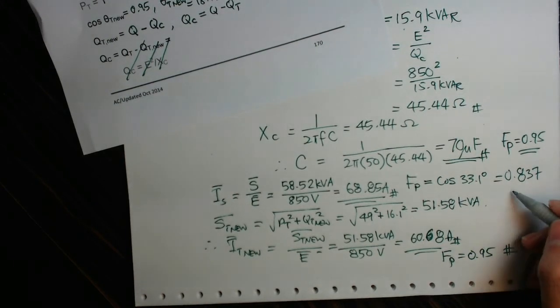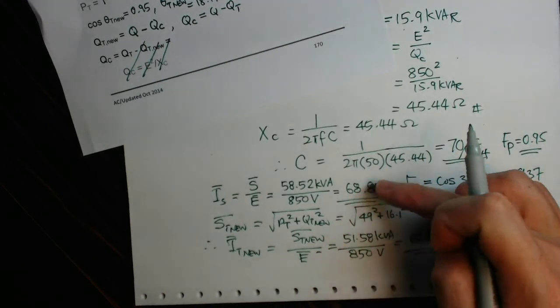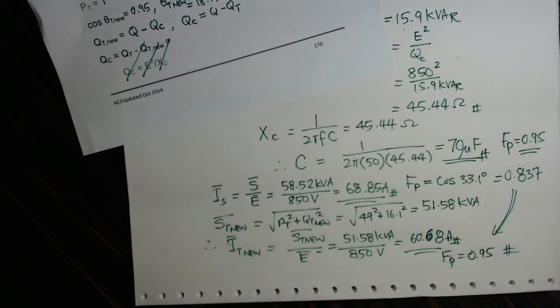We improve it to 0.95, and the current dropped from 68.85 amps to 60.68 amps. So this helps in cutting down energy loss in the circuits.